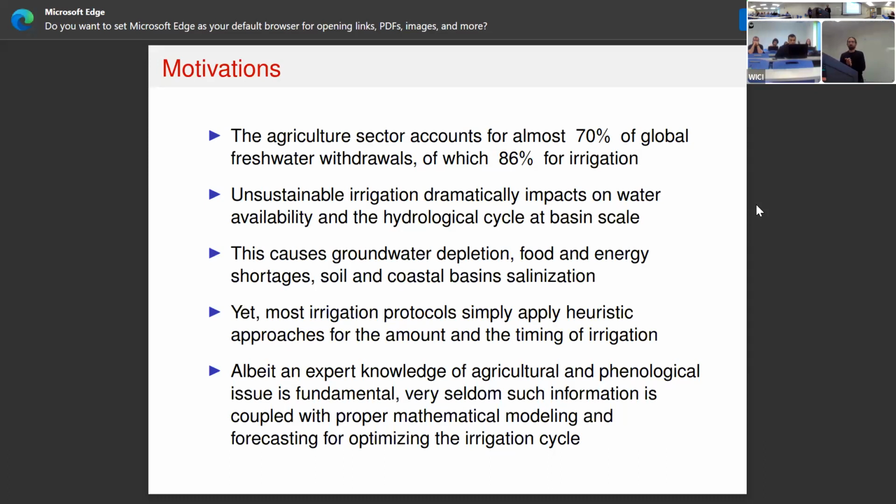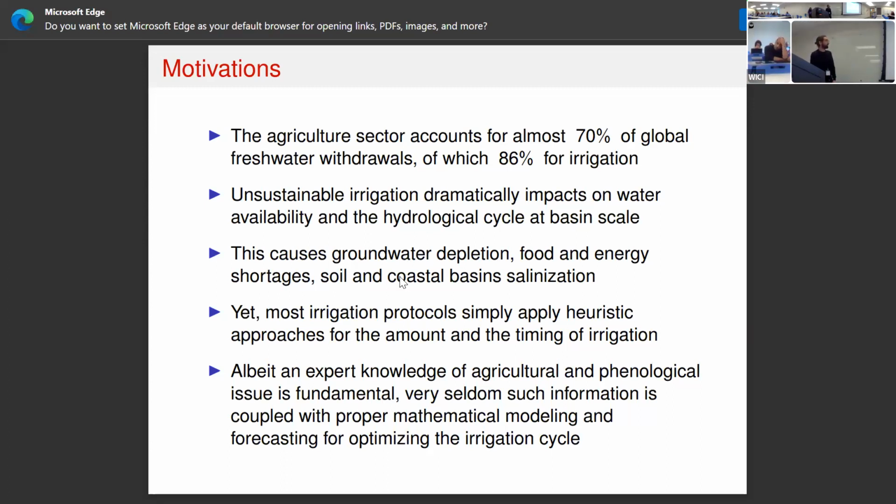Okay, so sustainable irrigation has a dramatic impact on water availability and the hydrological cycle at large. And clearly this causes groundwater depletion, and this may lead to food and energy shortages, as well as soil salinization and seawater intrusion in coastal basins. Okay.